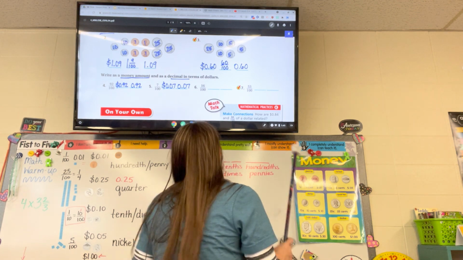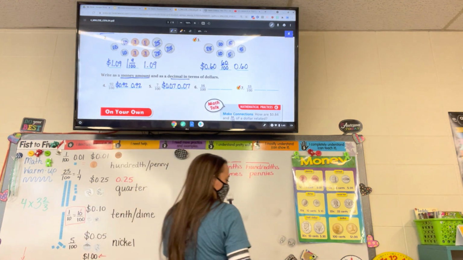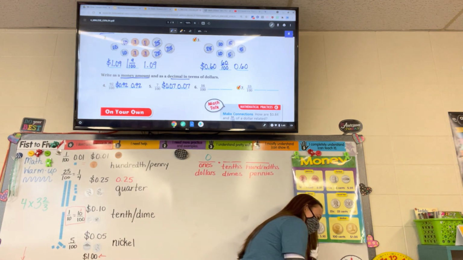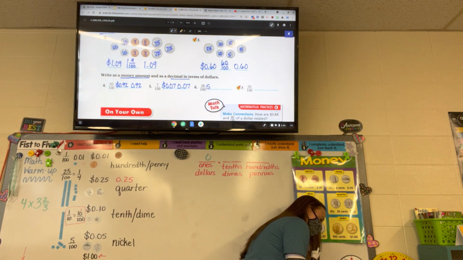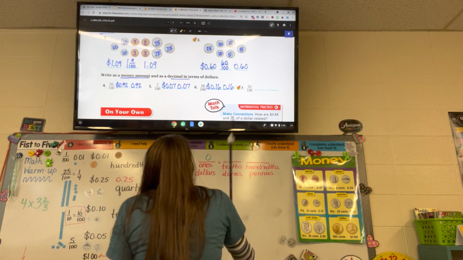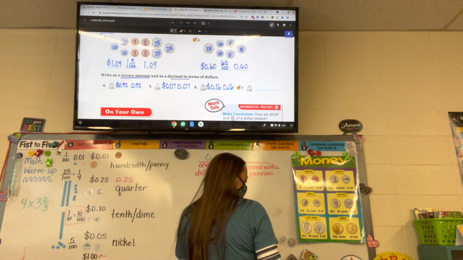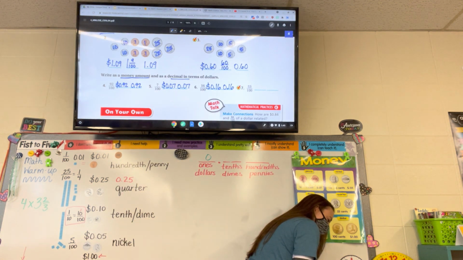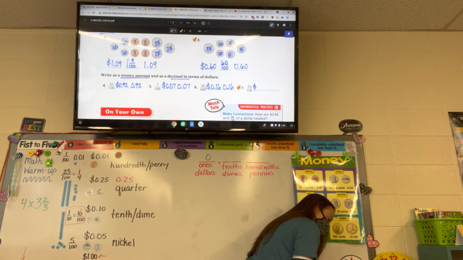Okay, Owen, how do you write 16 hundredths as a money amount? $0.16. There you go. 0.16. Okay, Sonia, how do you write 53 hundredths as a money amount? Dollar sign 0 point 53. Yep, and then 0.53.